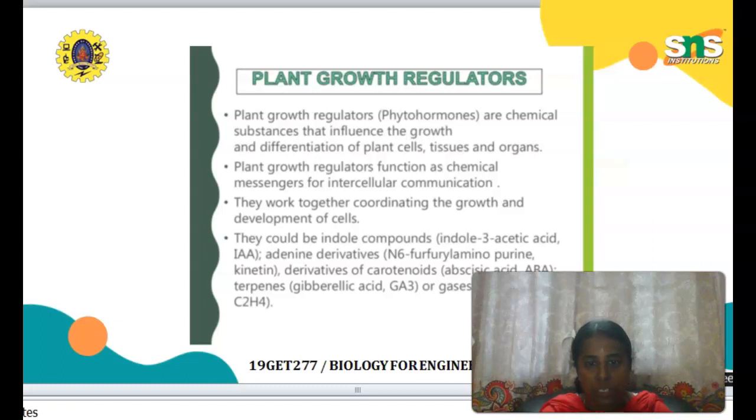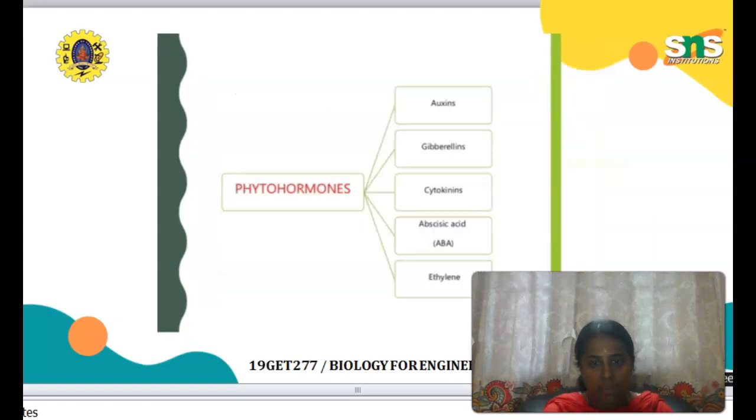Plant growth regulators. Plant growth regulators are chemical substances that influence the growth and differentiation of the plant cells, tissues and organs. Plant growth regulators function as the chemical messengers for intercellular communication. They work together, coordinating the growth and development of cells. They could be indole compounds, adenine derivatives, derivatives of carotenoids and terpenes, or gases.